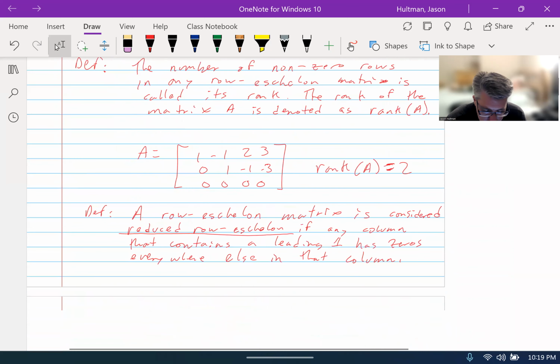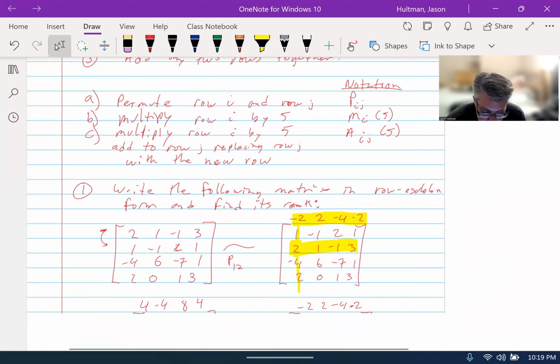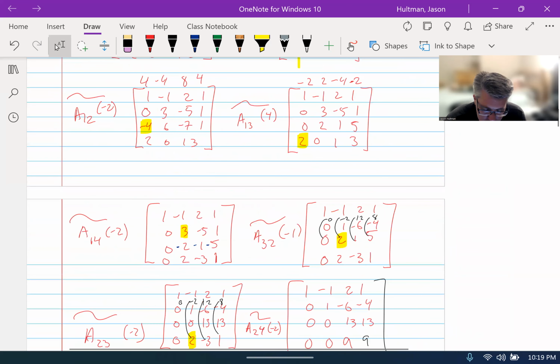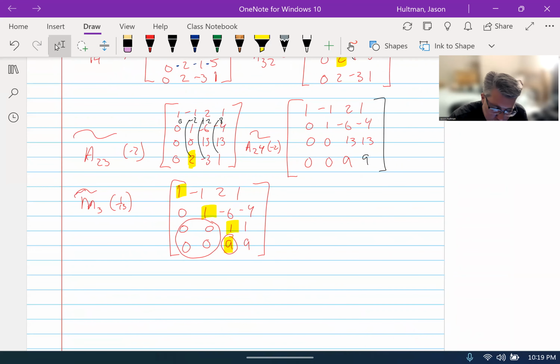As we look at these diagonals, the leading 1 in each of these can only be a leading 1 because it has zeros in front of it. That's what makes it a leading 1. And each of them, the row below, is one element to the right.